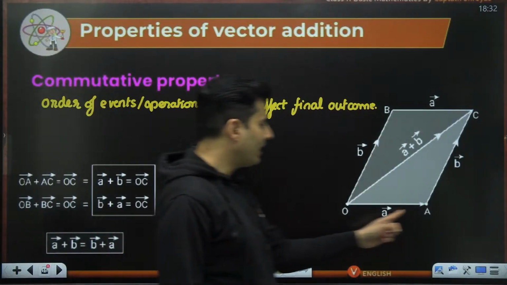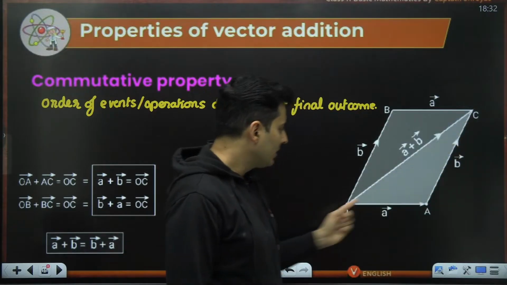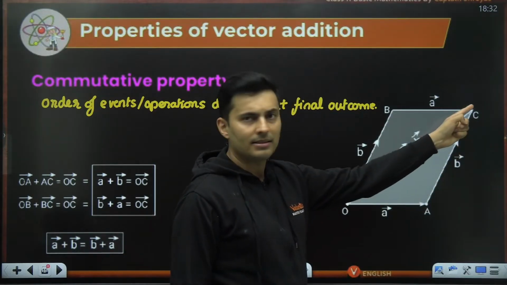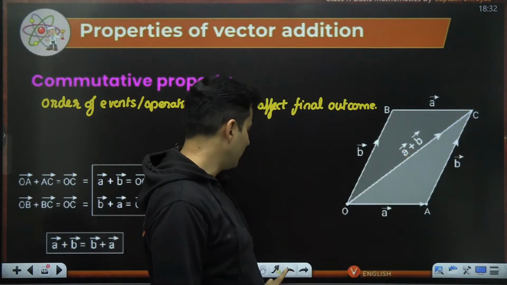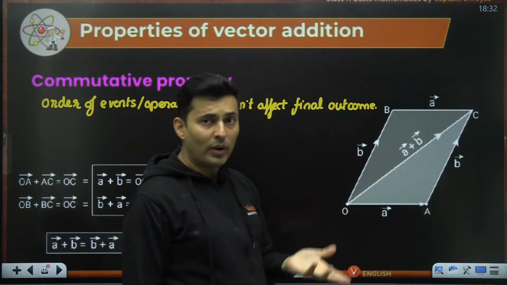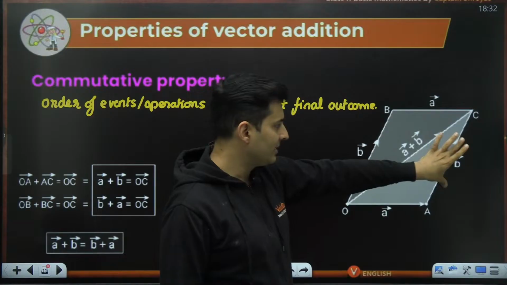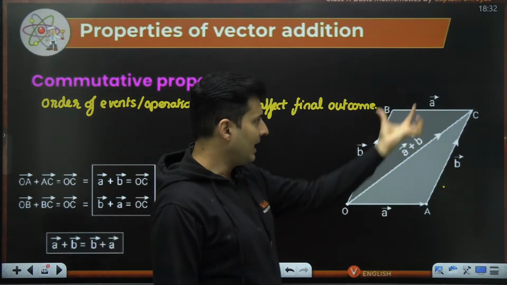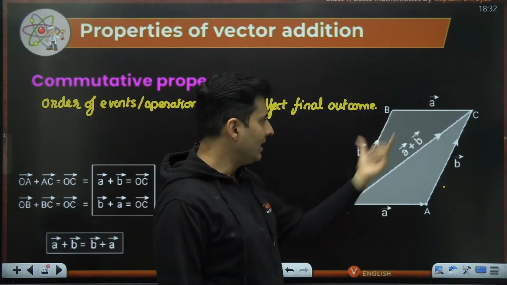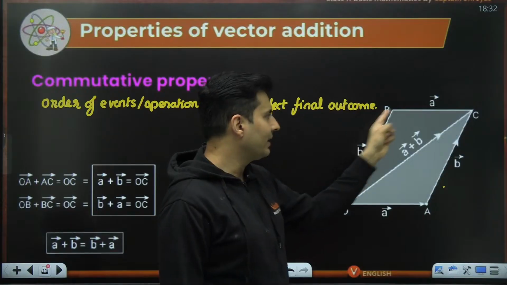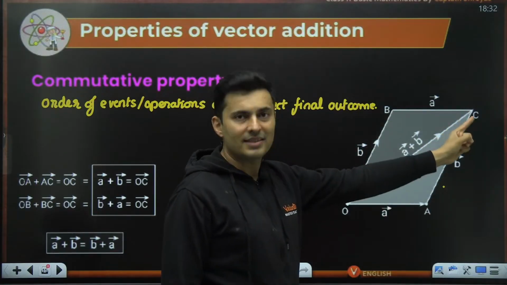So I take vector A and then vector B. The resultant is the vector R, or whatever you want to call it over here. But let's say I take vector B first, which is exactly this one, the same vector B, and then I add vector A to it. So B vector and A vector again will give me the same resultant.